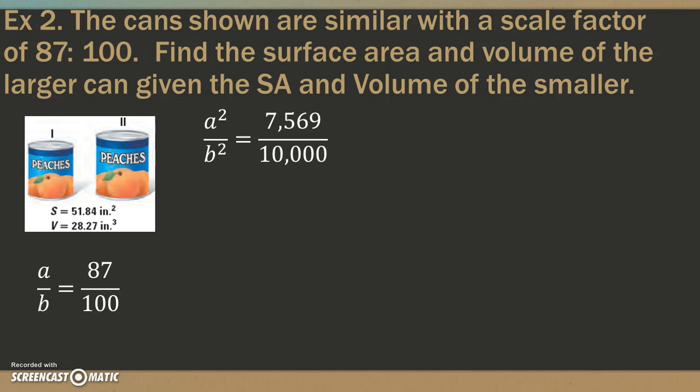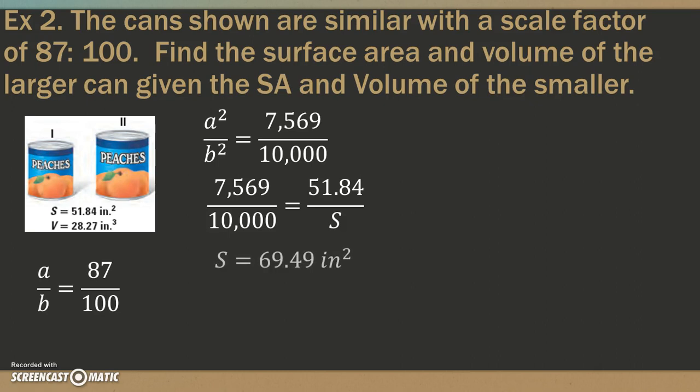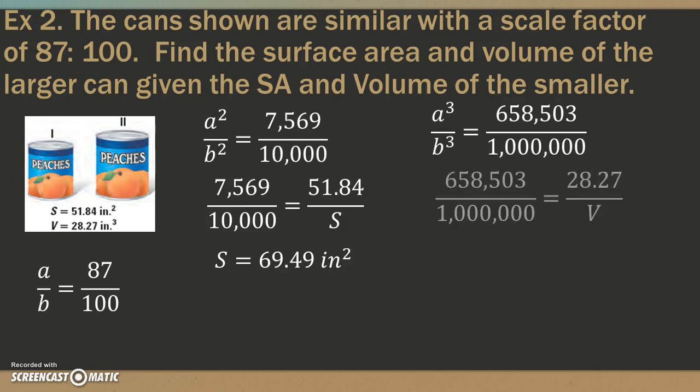And then we can set up our formula. We have the smaller one, 51.84, over the surface area of the bigger one, cross multiply, and we get 69.49. Now we've got to cube it, so 87 cubed to 100 cubed gives us 658,503 over a million. And then we have the volume 28.27 over the volume of the bigger one. Cross multiply and we get 42.93 cubic inches.